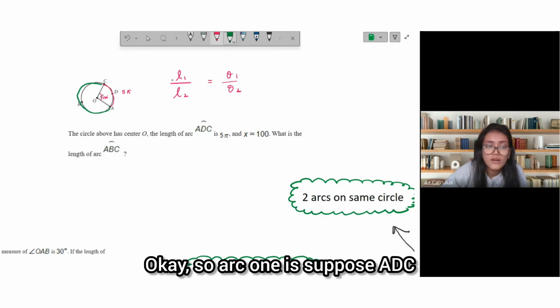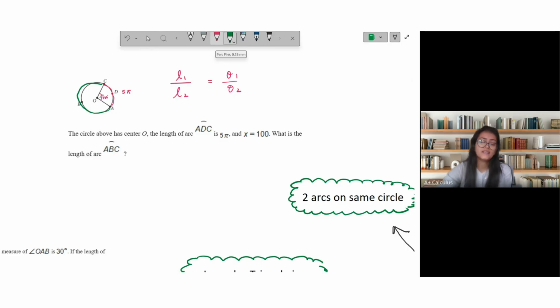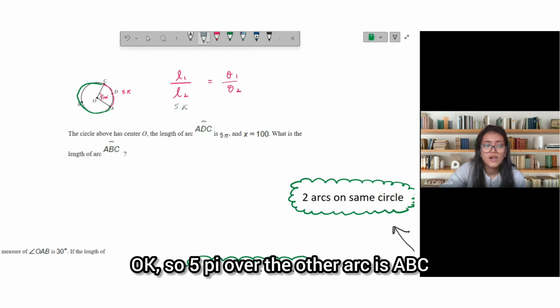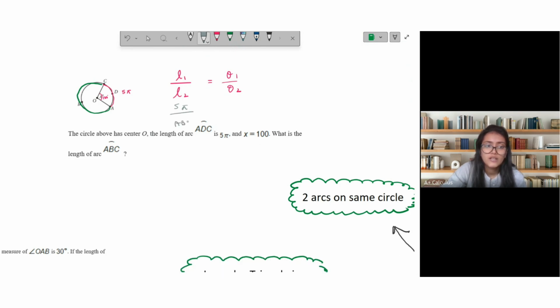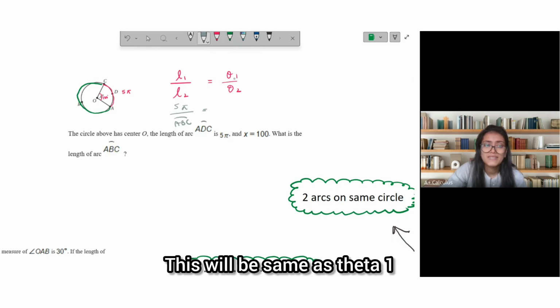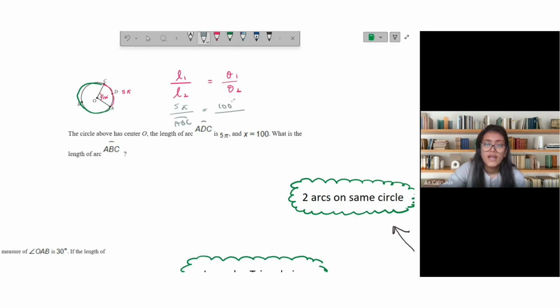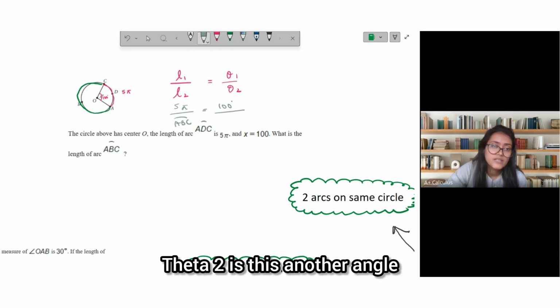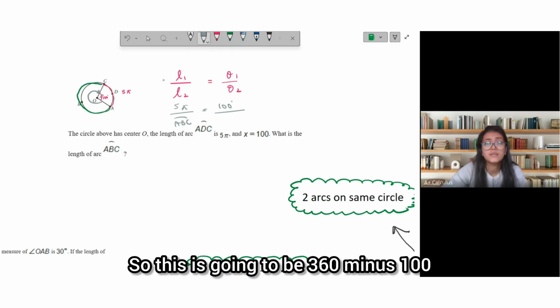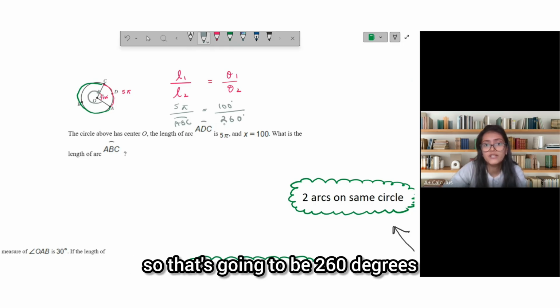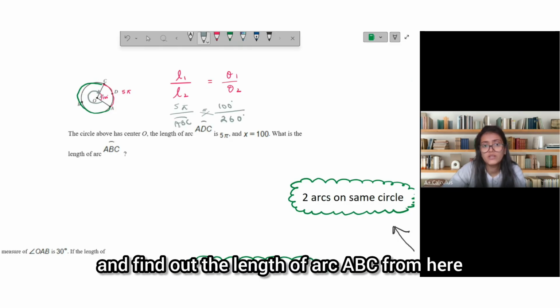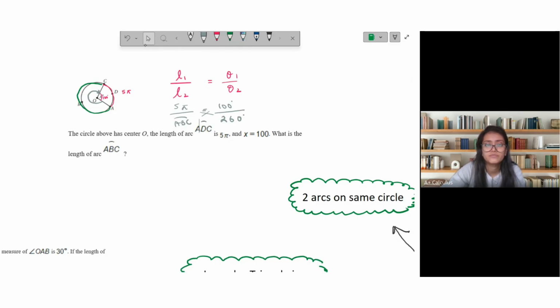So arc 1 is, suppose, ADC, and its length is 5 pi. Over the other arc ABC, we don't know its length. This will be the same as theta 1, the central angle of ADC, which is 100 degrees, over theta 2. Theta 2 is this other angle, so this is going to be 360 minus 100, which is 260 degrees. You can cross multiply and find out the length of arc ABC from here.